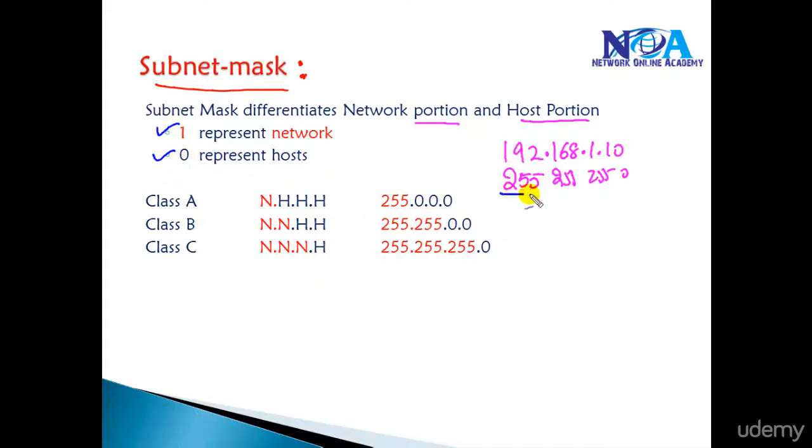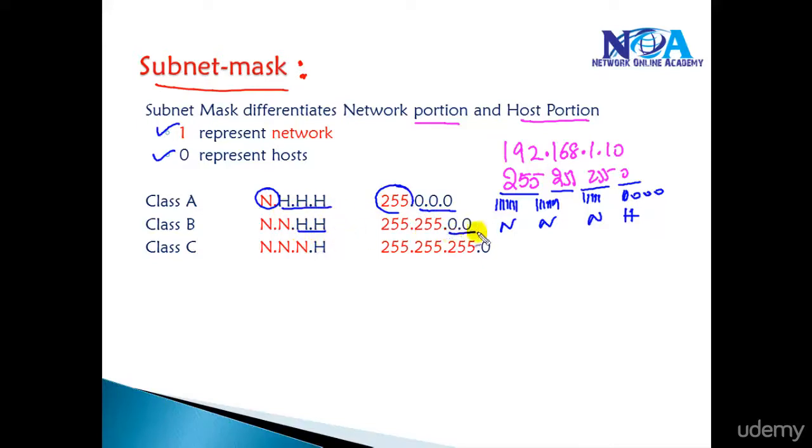So if I write the subnet mask of 255.255.255.0, in terms of binary it is ones, and wherever there is 1, that is network, and wherever there is 0, that is host. So indirectly it is representing the network portion and the host portion.